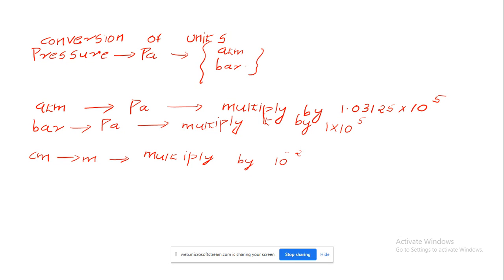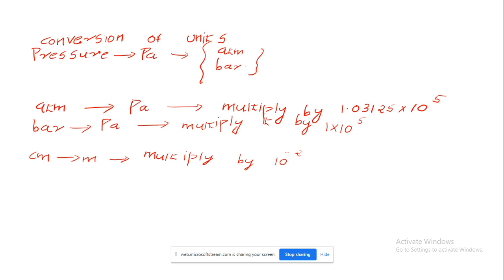So this is the unit of length. You have to convert centimeter to the SI unit, which is meter, so you multiply by 10 raised to minus 2. Is that clear? I hope it's clear.